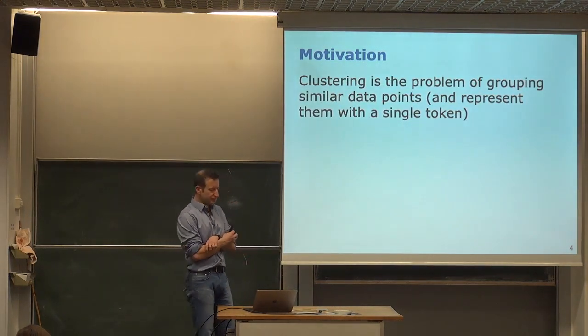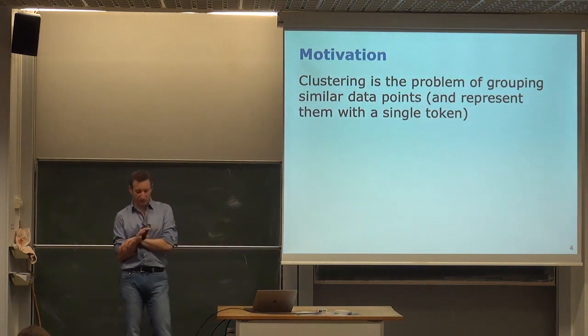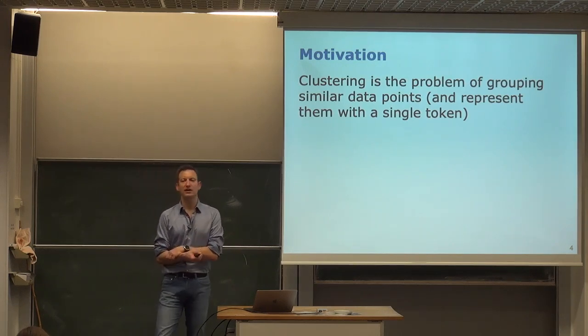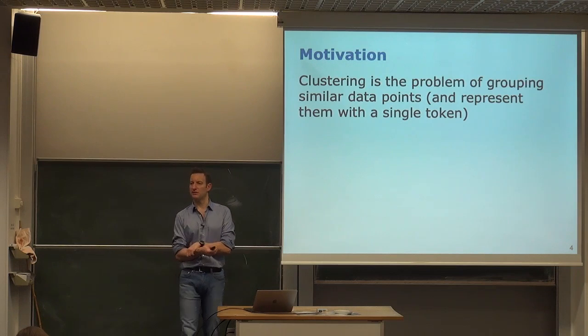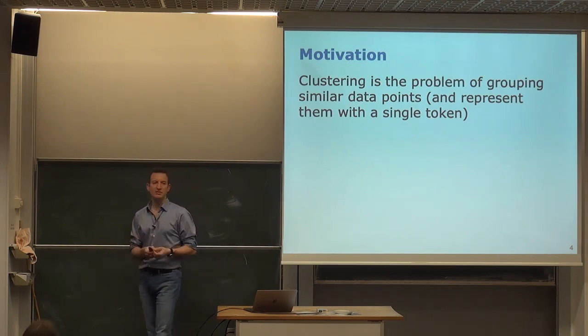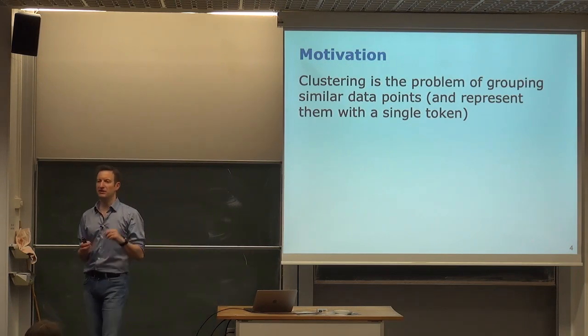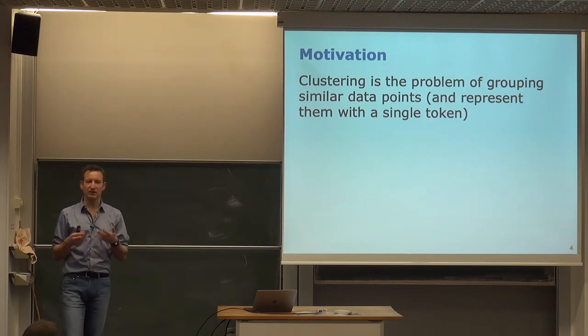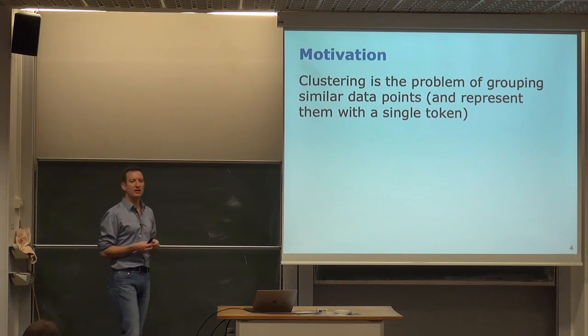This is basically what I said. We want to group similar things, and what we typically have for those clusters is a representative for every cluster. This can be a region, this can be one single data point, this can be a reference intensity value, or a reference texture in an image.